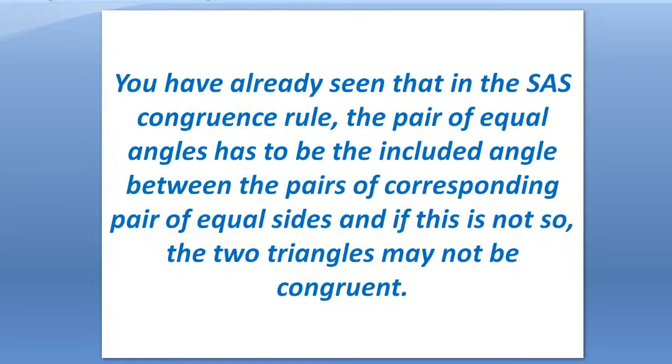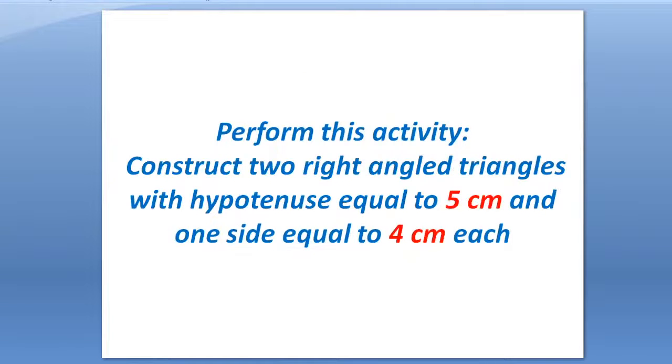So perform this activity. Construct two right angle triangles with hypotenuse equal to 5 centimeter and one side equal to 4 centimeter. So one is the hypotenuse and another is a side.